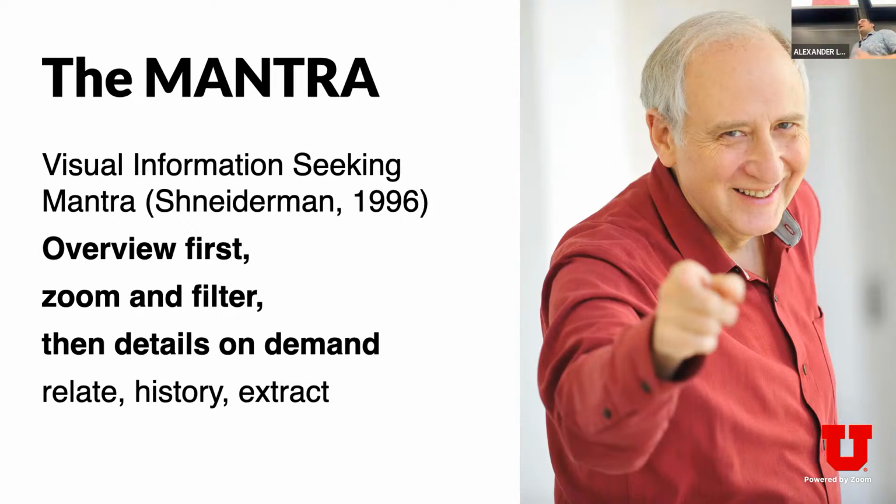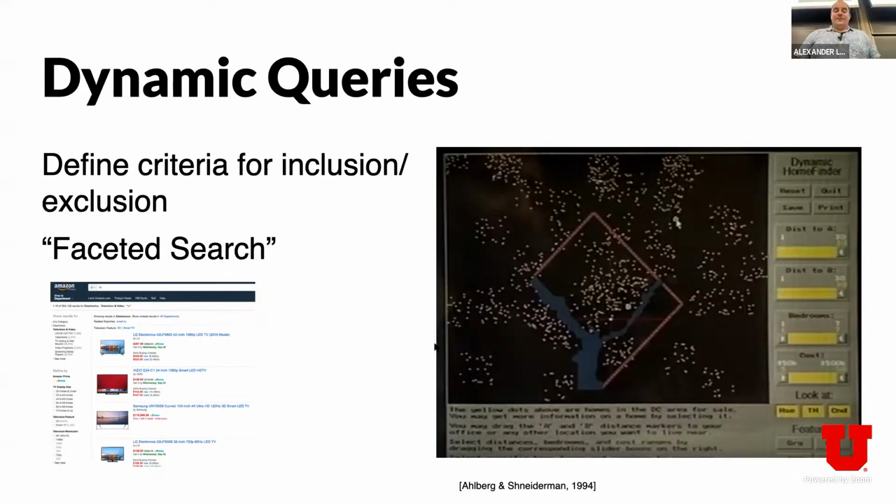If you have a data set, first show roughly what's in it, let people dynamically, interactively zoom and filter in, and then provide details about anything they find interesting on demand. Of course, this isn't the only thing, and it's not always the right approach, but in many cases it can be, and it's definitely worth considering when you build a visualization system.